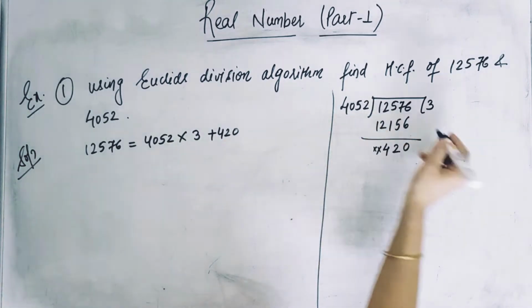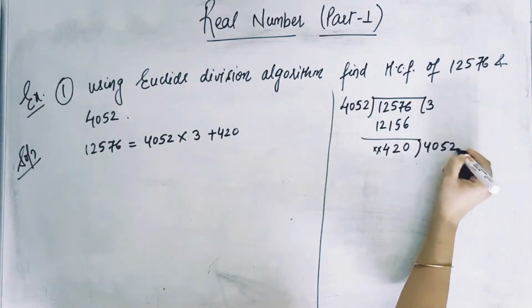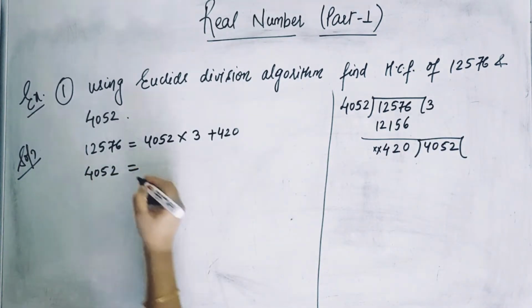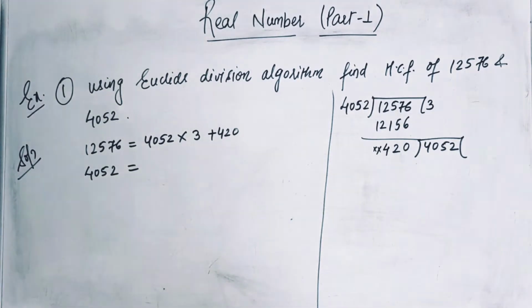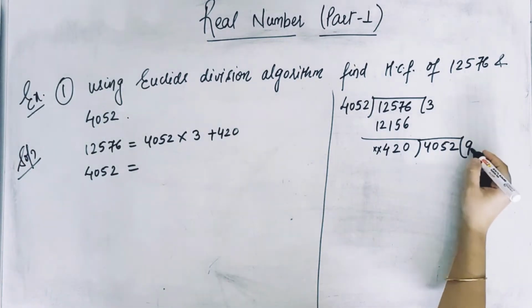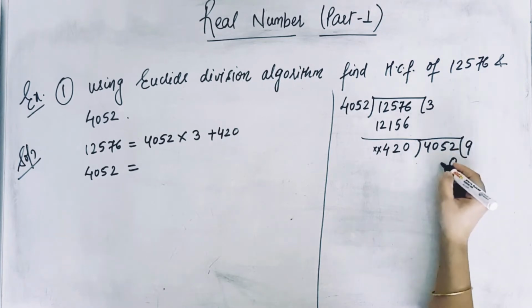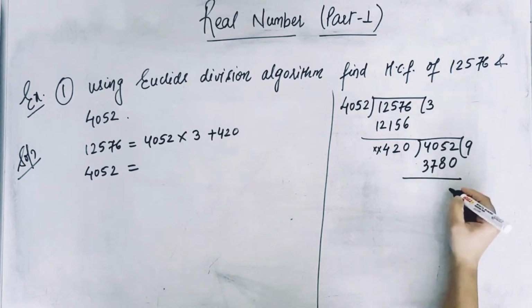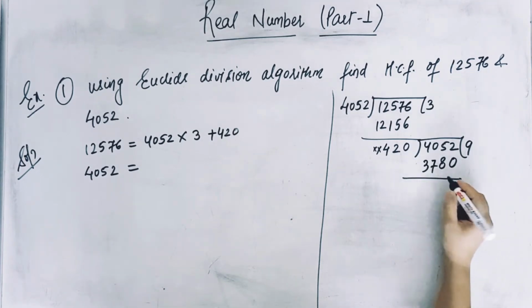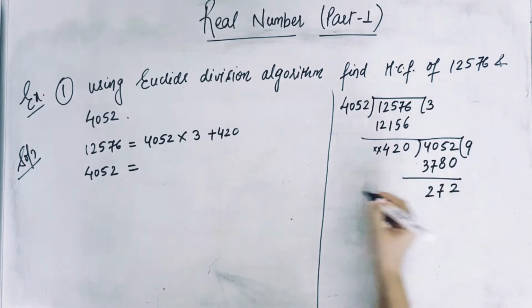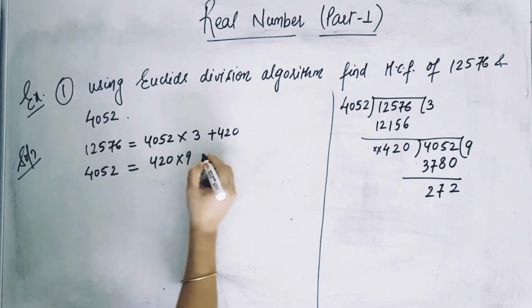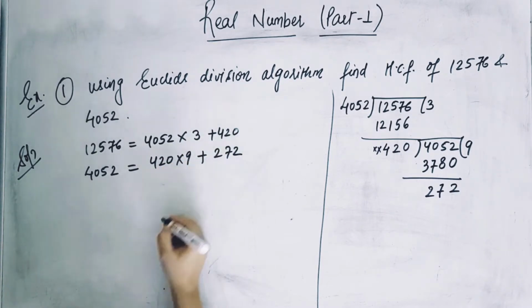Now this 4052 will come over here. In the second step, we write 4052 equal to 420 into 9. 9 times 0 is 0, 9 into 2 is 18, carry 1, 9 into 4 is 36, 37. So it will come to be 272. So the next step is 420 into 9 plus 272.